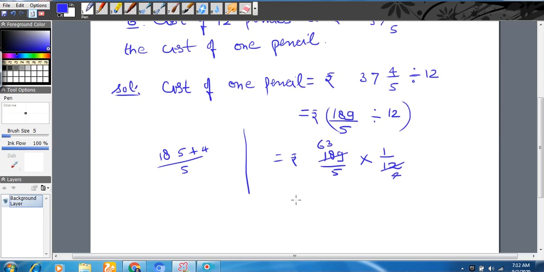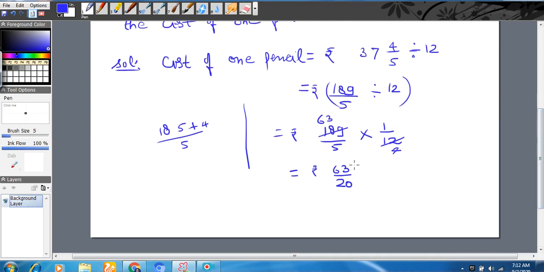And again we have 63 upon 20 because numerator is 63 1 63 and denominator is 5 4 20, and this is an improper fraction, so convert it into proper fractions.